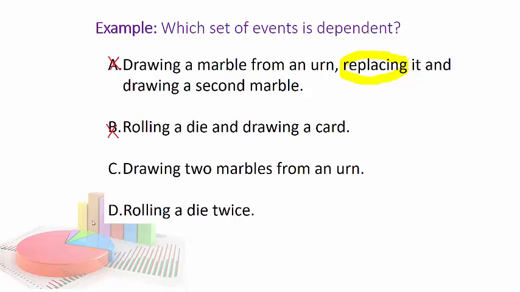So they're not dependent. Now, if I draw two marbles from an urn, so I'm keeping both marbles, I have limited the pool for my second marble. So drawing two marbles from an urn is dependent. The second marble's probabilities are going to depend a little bit on what I drew on the first one. Kind of like, if you did poker, drawing two kings.